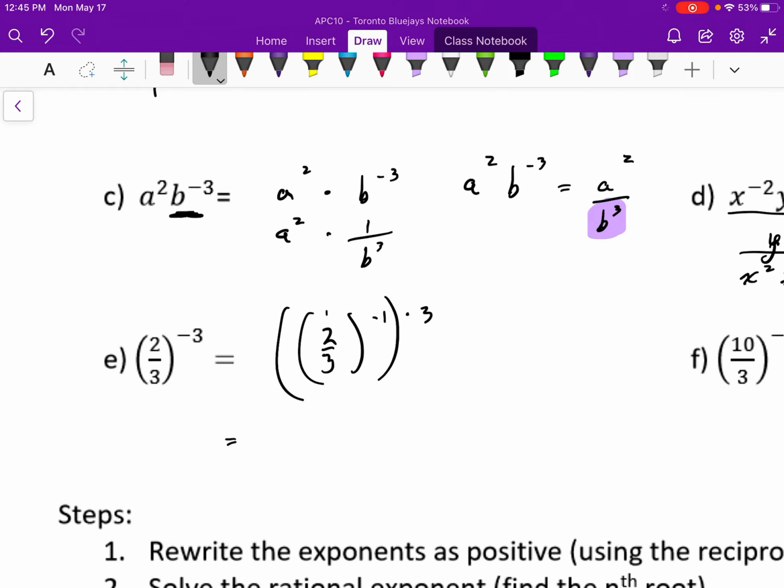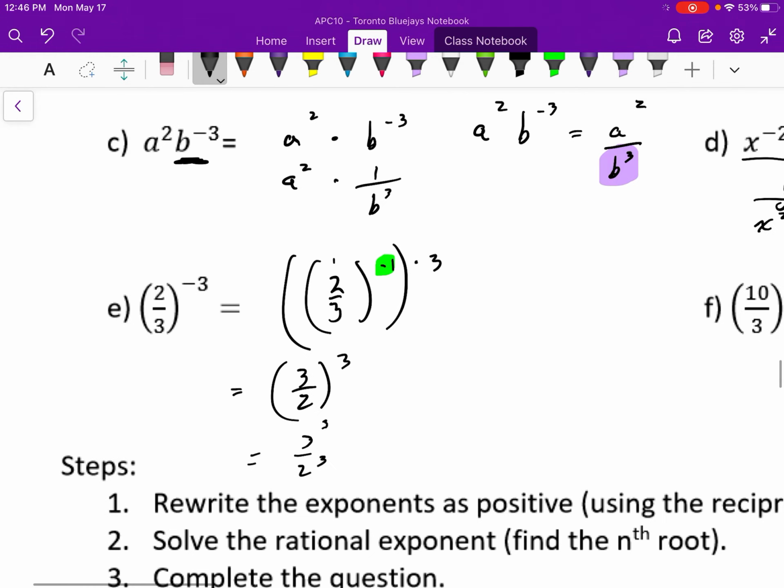So, really, the exponent negative 1 means the reciprocal. So this would be 3 over 2, right? The reciprocal of 2 over 3 is 3 over 2 to the power of 3. And doing this magically, we can apply the exponents independently to both the numerator and the denominator. So this ends up being 27 over 8. Could choose to do it like that.